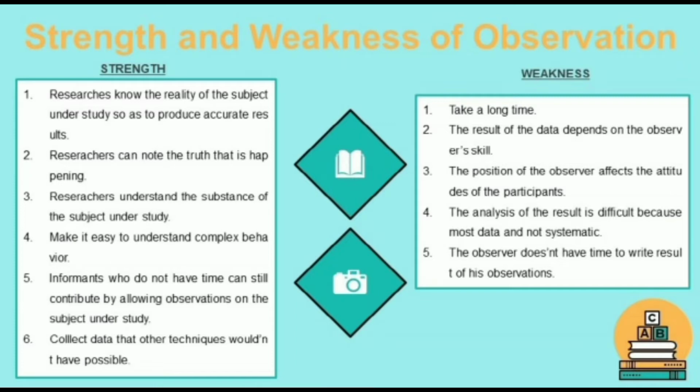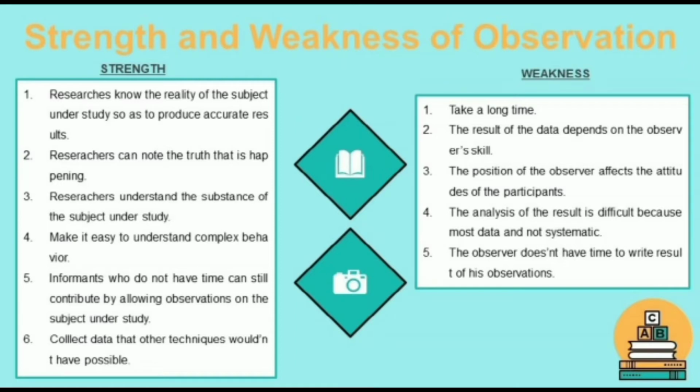Maksudnya di sini adalah informan yang diminta untuk membantu dalam penelitian peneliti. Jikalau informan tersebut tidak memiliki waktu untuk membantunya, maka dia bisa mengizinkan atau merekomendasikan kepada peneliti melakukan observasi kepada lingkungan atau masyarakat sebagai objek penelitiannya atau subjek penelitiannya, karena juga hal itu dapat membantu peneliti untuk menghasilkan hasil yang akurat.